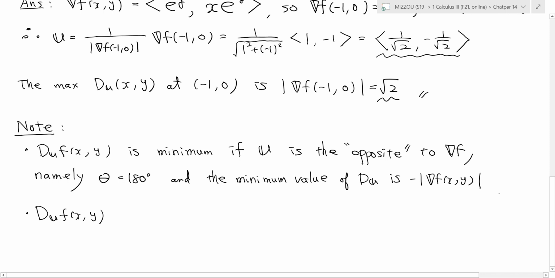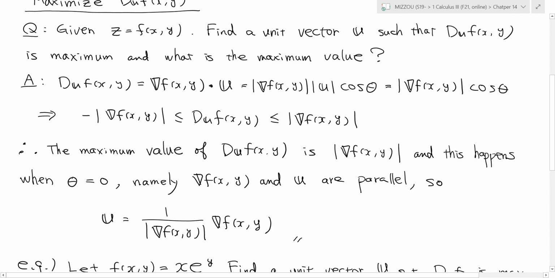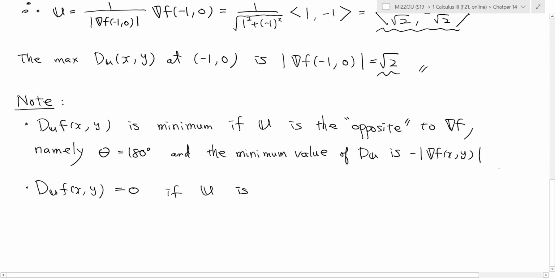And also, that means the directional derivative is 0 if u is what? Now, here, the directional derivative is the dot product. And the dot product is 0 if and only if those two are perpendicular to each other, orthogonal to each other. So u is orthogonal to the gradient.